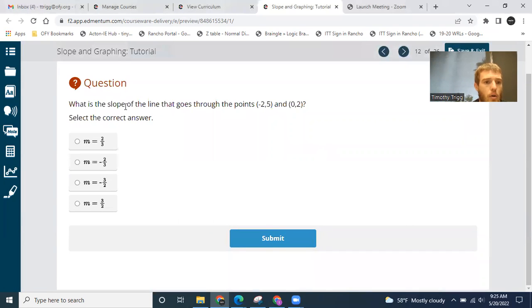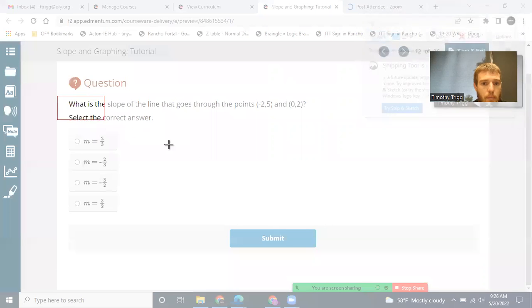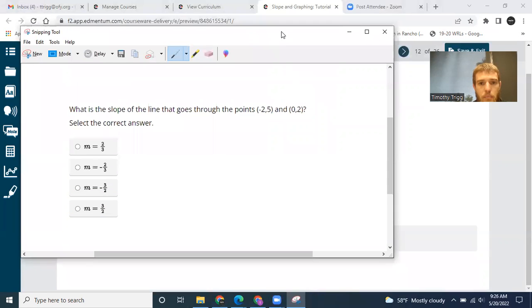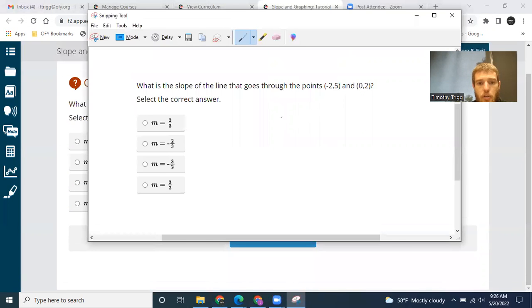All right. What is the slope of a line that goes through points (-2, 5) and (0, 2)? To find the slope of a line, what you can do is actually pretty simple. I mentioned a second ago that the slope of a line is the measure of its steepness.